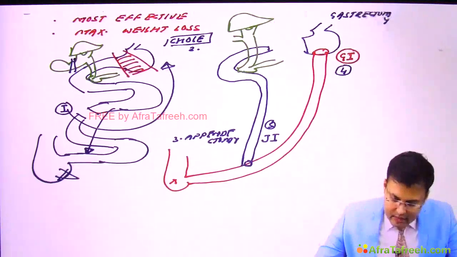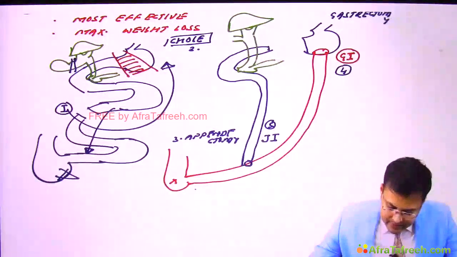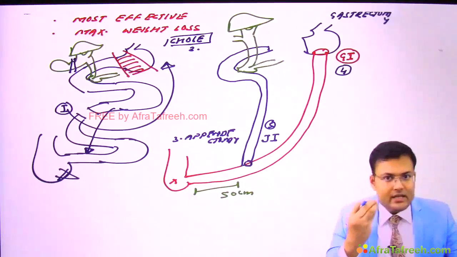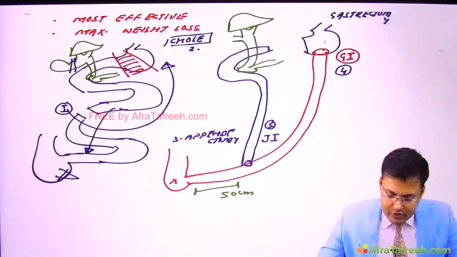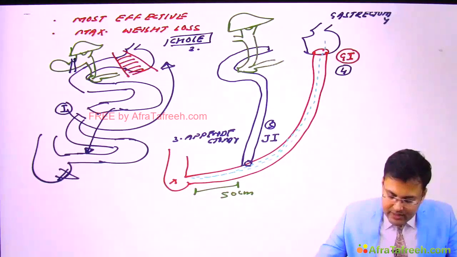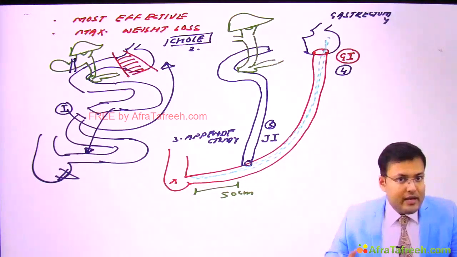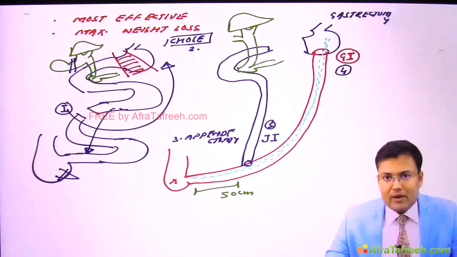Now see, how long is this common channel? The length of this common channel is 50 centimeters. Now the problem: imagine the patient eats something and the foodstuff enters the ileum. This food is not mixing with bile or pancreatic juice in most of the small bowel.